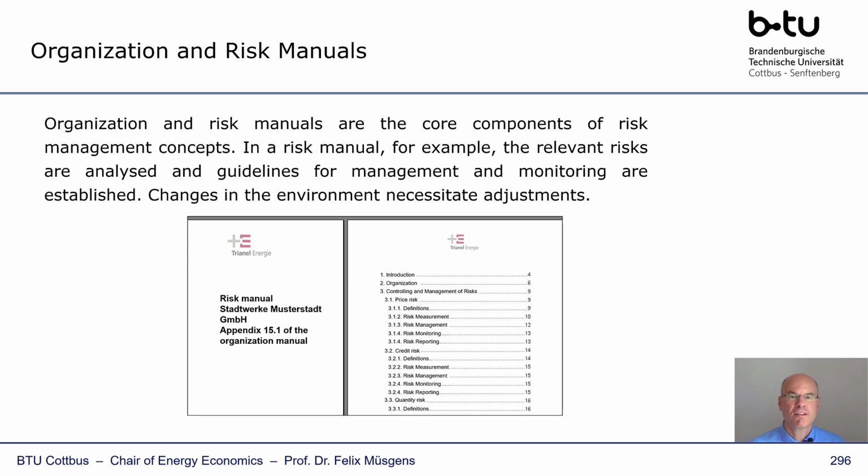Okay, the organization and risk manuals are the core components of risk management concepts. In a risk manual, for example, the relevant risks are analyzed and guidelines for management and monitoring are established. Changes in the environment, however, necessitate adjustments, so you have to look at this from time to time.